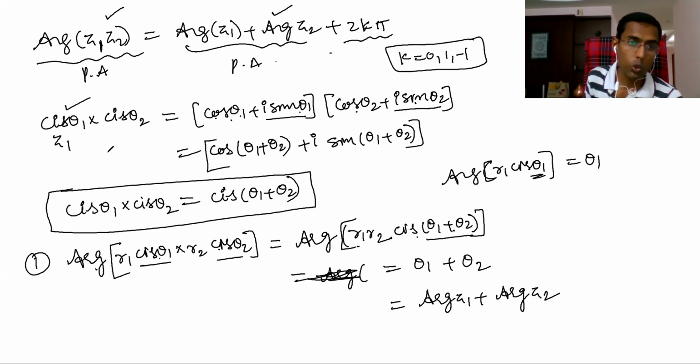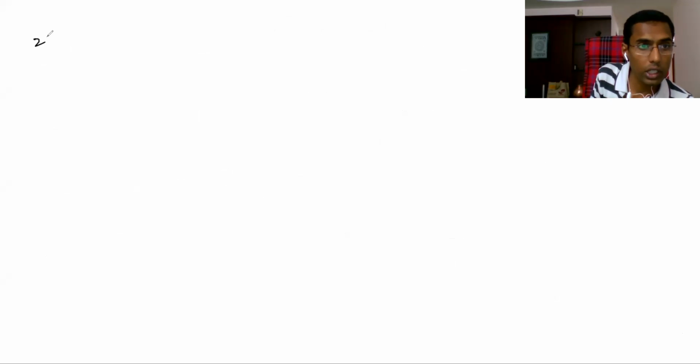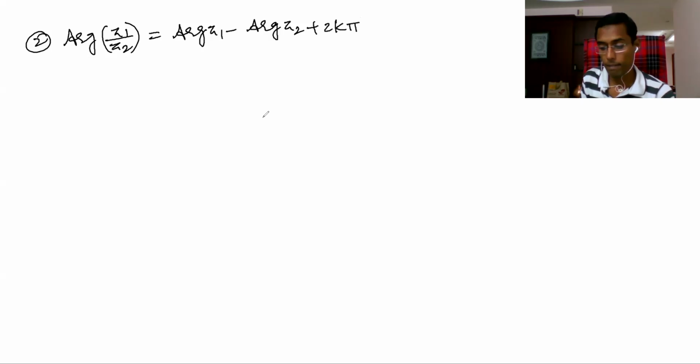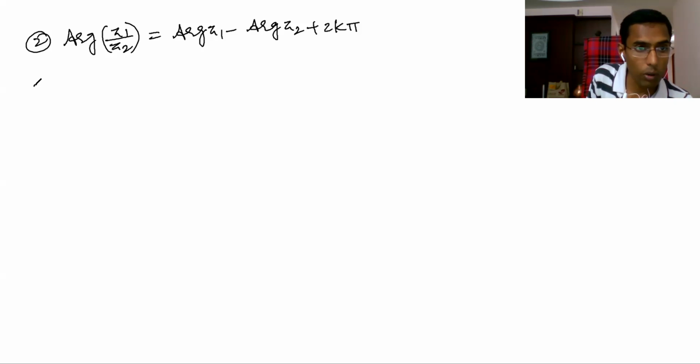That is how this polar form is very, very important, and we use it for proving many things. Similarly, we can say argument of z1 by z2 equals argument of z1 minus argument of z2 plus 2k pi. This is like logarithm formulas.